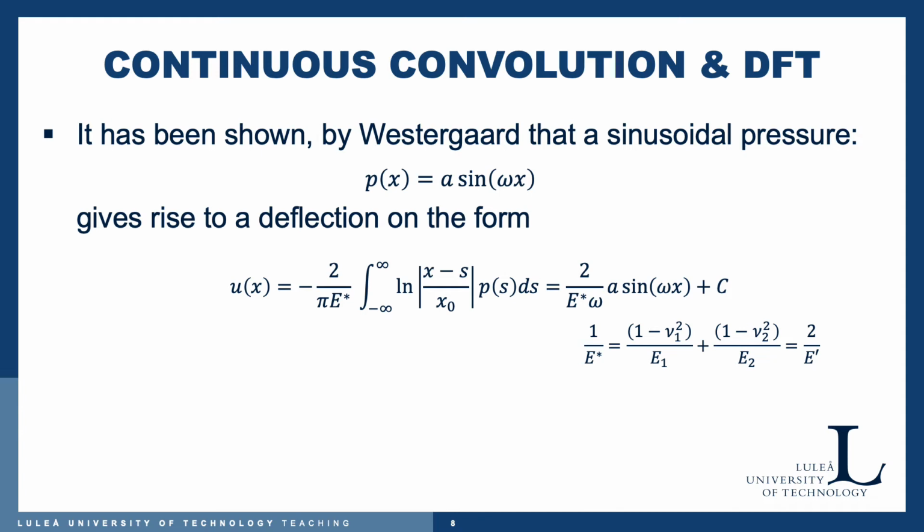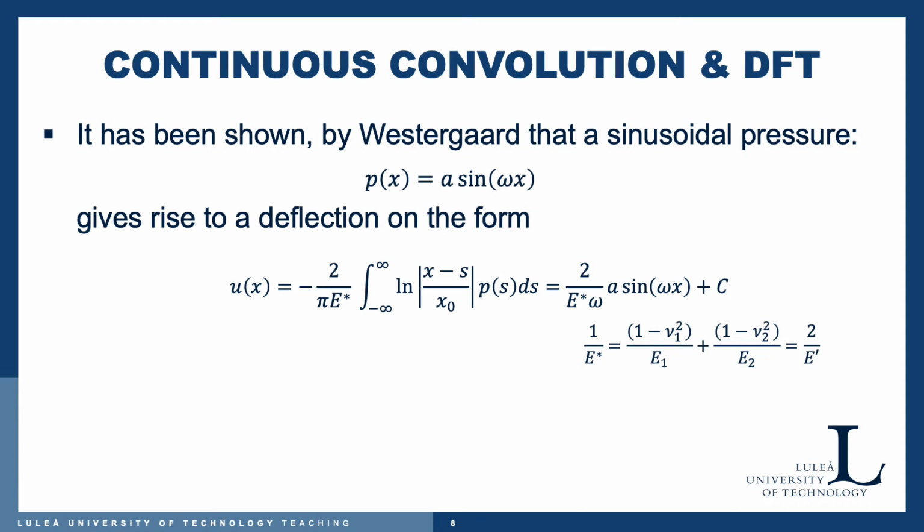He really knew what to do with pen and paper, and he considered a sinusoidal pressure to be loaded on the half space, and by denoting this by A sin omega x, he found that it gave rise to displacements or deformations on the form that we see here.